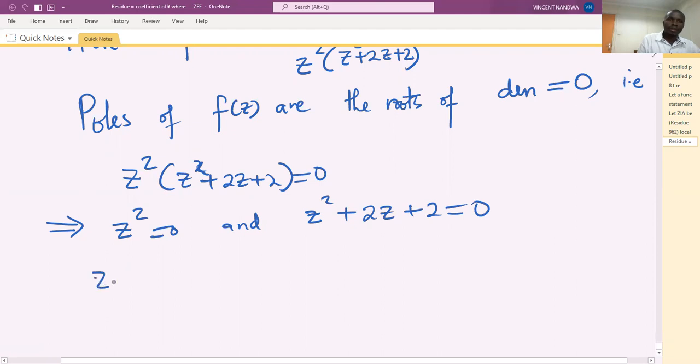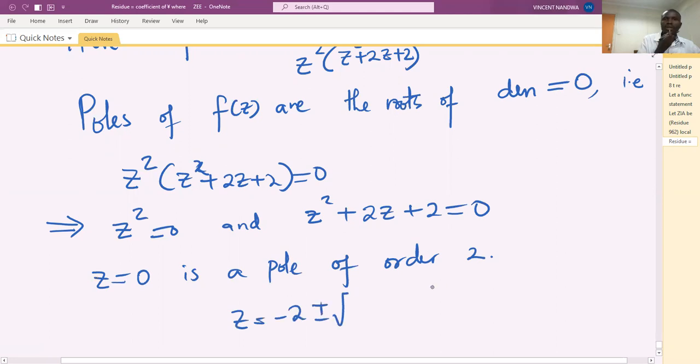Now here z equals to 0 is a pole of order 2. And then this other one here will have z equals to minus b plus or minus the square root of b squared minus 4ac, all divided by 2a. So our b is 2, 4ac is 8, divided by 2.